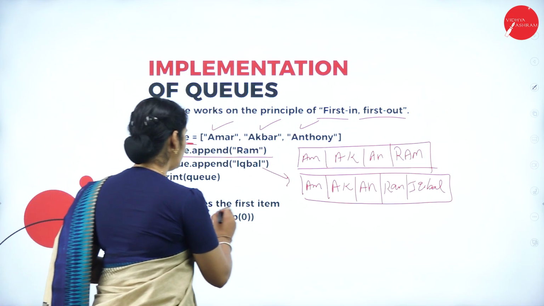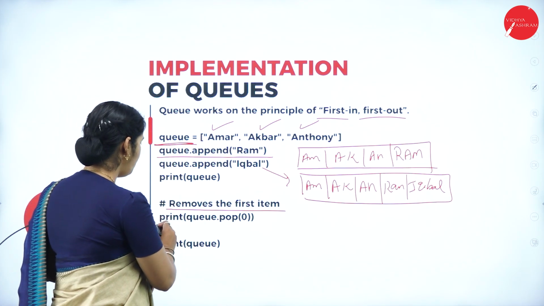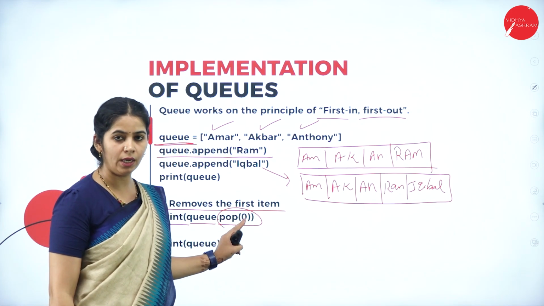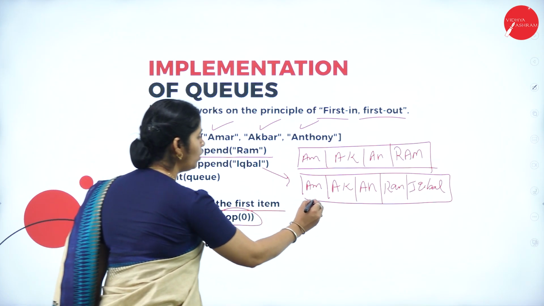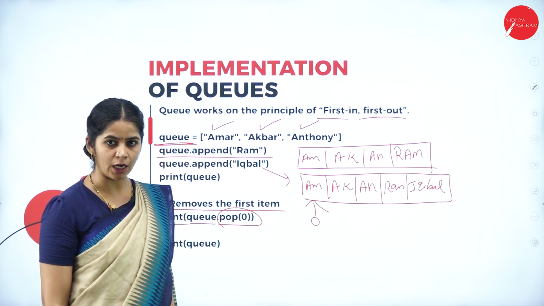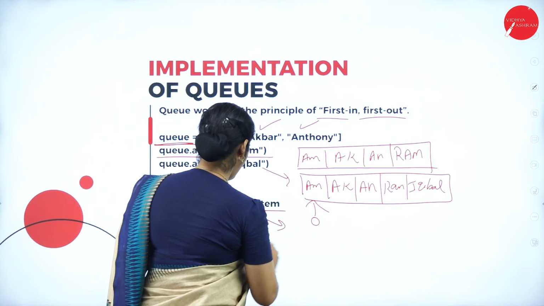Next, while removing, it will remove the first element. So print q dot pop of 0. Here we are giving the index value as 0 because we want to remove the 0th indexed element. Right. So what would be the output for this print statement?